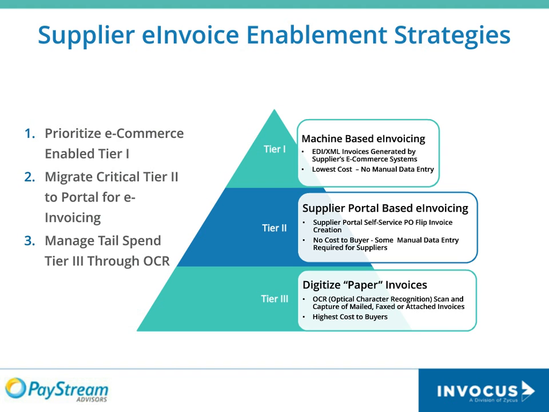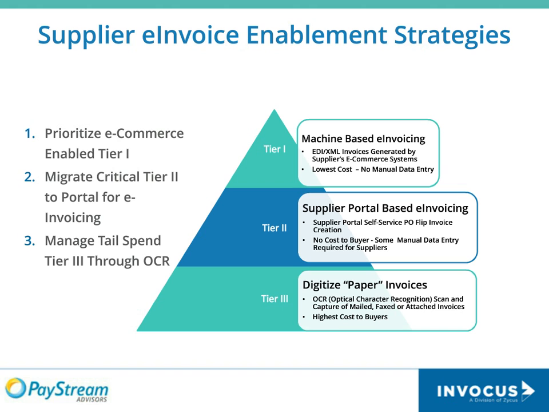So for the most part, these will be larger suppliers that have the wherewithal to invest in e-commerce that also represent a bigger chunk of your business overall. The good news, too, at the Tier 1, this is a machine-based e-invoicing protocol, so a direct integration between the buying organization, the AP functions, systems, and that supplier's billing systems on their side.